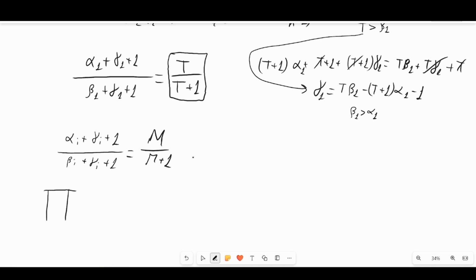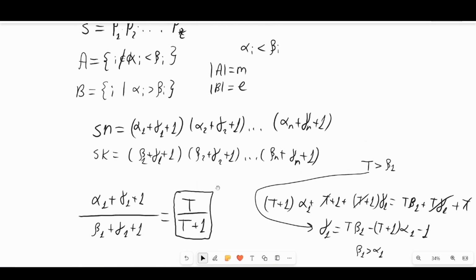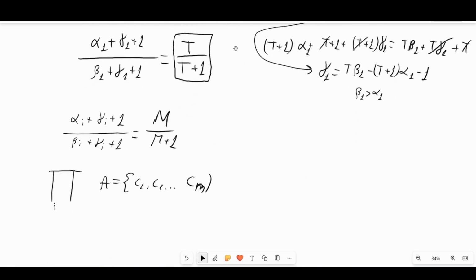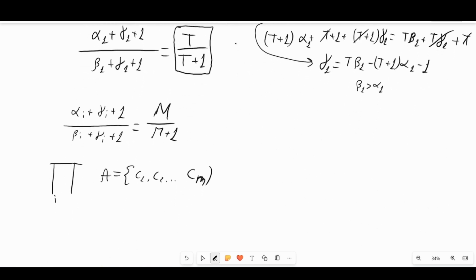It will be easier to write the elements of A as C1, C2, all the way up to Cm, because we have only m elements in A, and we have only L elements in B. For B it would be D1, D2, all the way up to DL.